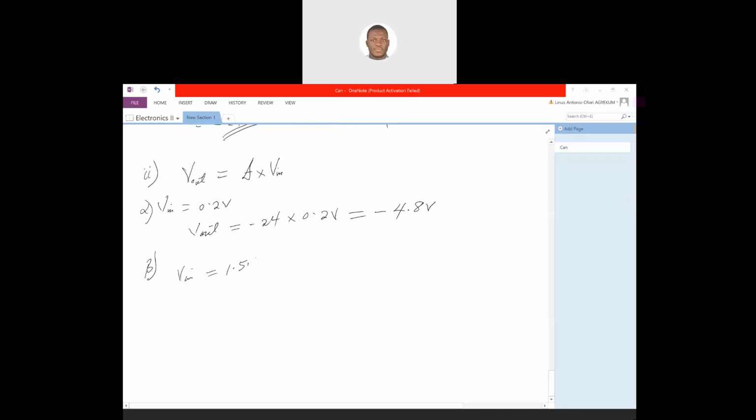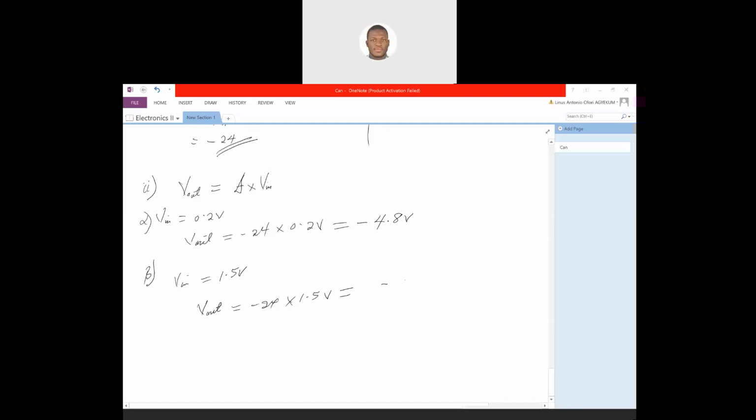Now, that is for alpha. For beta, where V in equals 1.5 volts, our V out will be equal to minus 24 times 1.5 volts. And that will give us what?